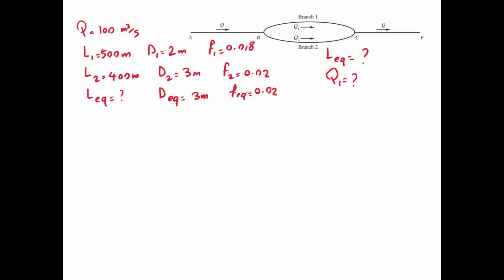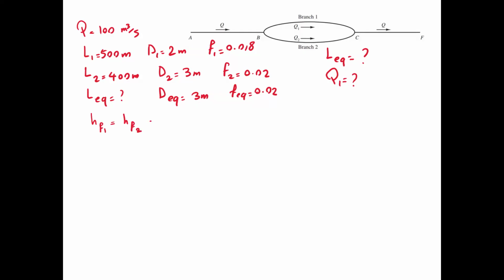So I will start with the fact that I have the arrangement of parallel one. You have just one rule for parallel. The loss is the same. So I can start from here. H1 should be equal to H2.